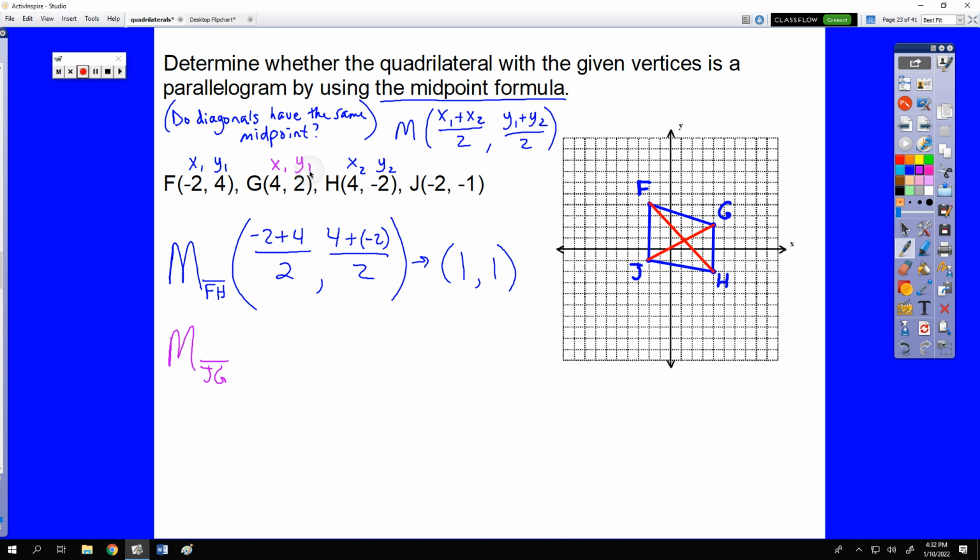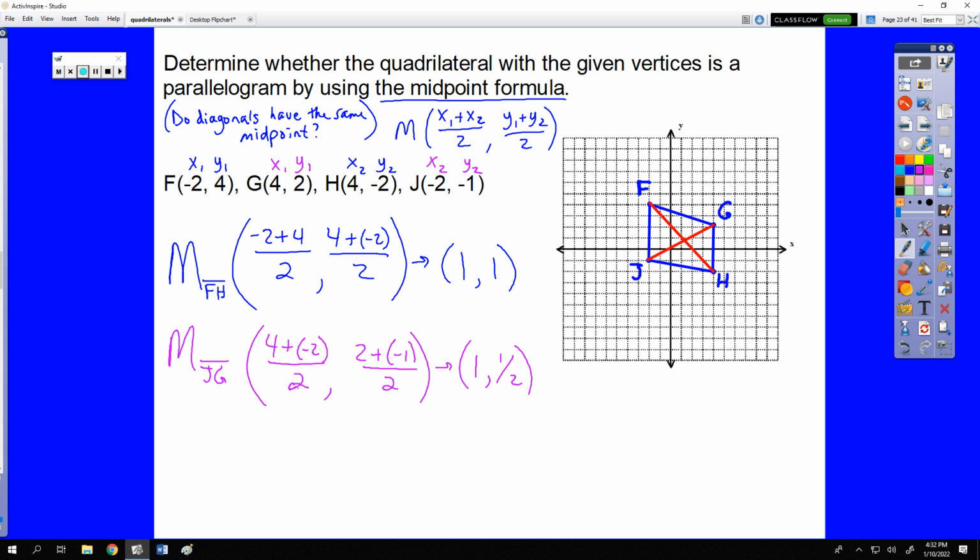So x1, y1, x2, y2, feed it to the midpoint formula, so add the x's together, divide by 2, add the y's together, divide by 2.